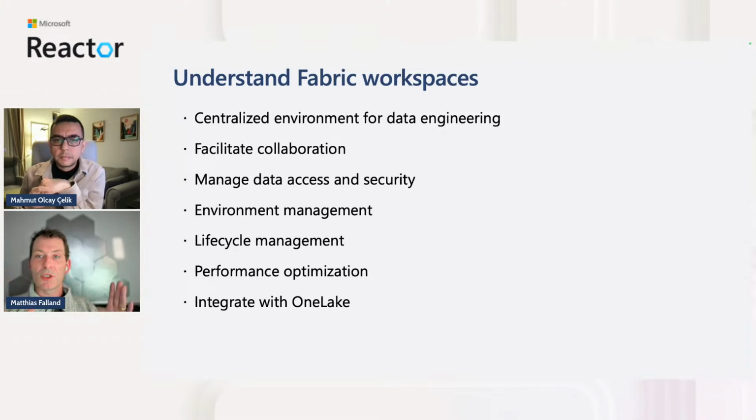There, the workspace permissions are granted, and not the row-based or column-based or whatever metadata-based permissions. So it's a very important element when you create your Fabric structure and architecture.